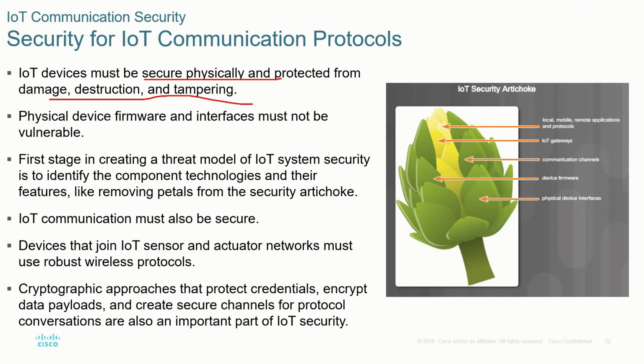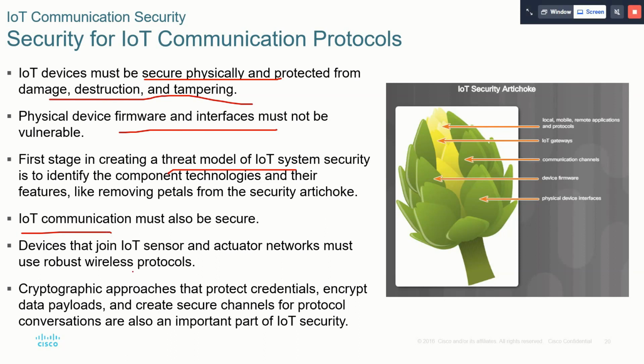The firmware interface must not be vulnerable, the physical one. We can create a threat model for whatever it is. The communication needs to be secure, which means you need to have encryption. Easier said than done. You need to have encryption, you need to have authentication, at the end of the day.